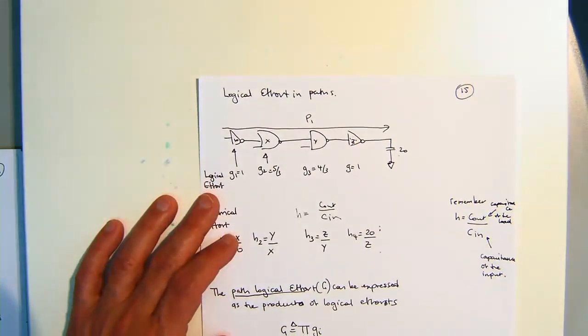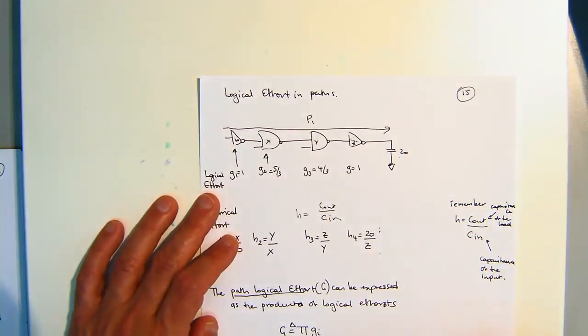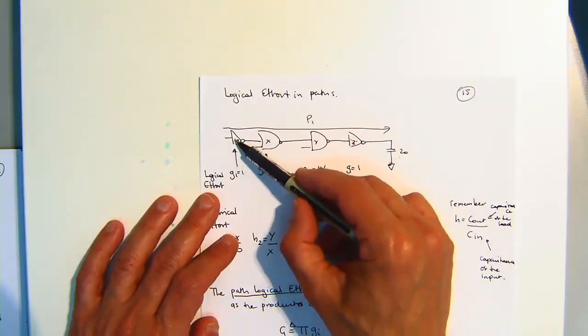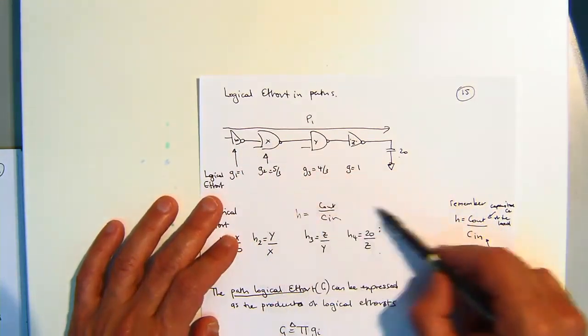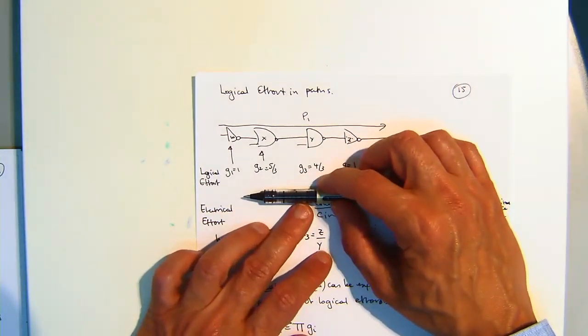The other thing that's important here is that I'm drawing it linearly. Later on we'll also talk about branching, where you might have this inverter, but at the output you might have another circuit connected to it. So you might have a branch.